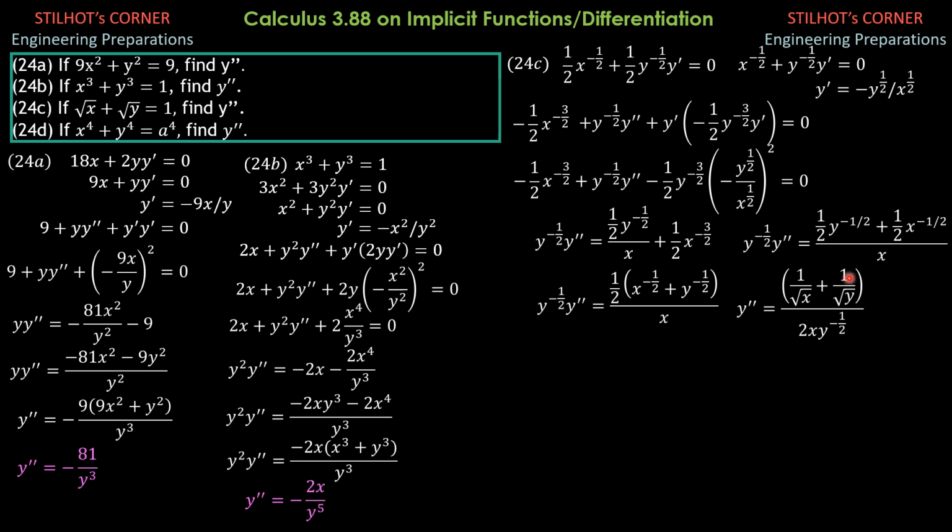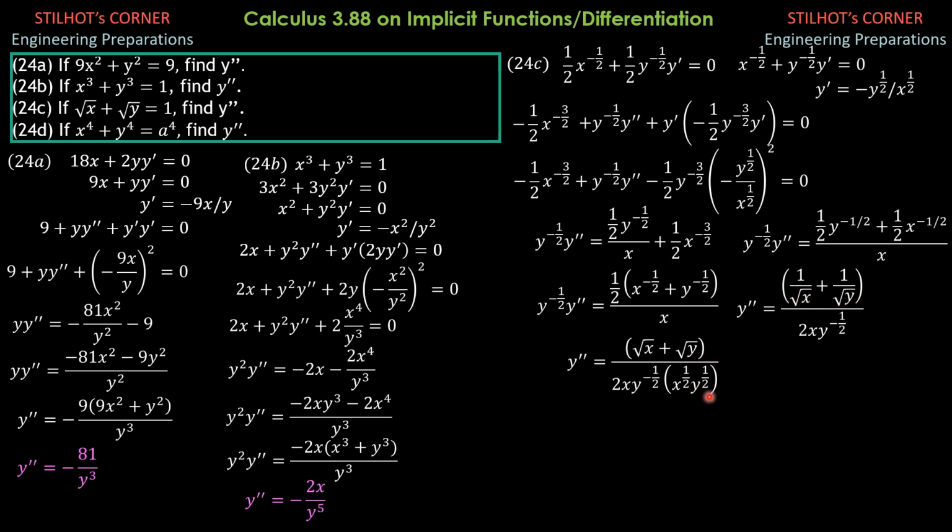Simplifying this, we have square root of x plus square root of y over square root of xy, or square root of x plus square root of y over 2x y to the negative 1/2 times x to the 1/2 y to the 1/2. For x to the 1/2 y to the 1/2 is square root of x times square root of y, which is the LCD supposedly.